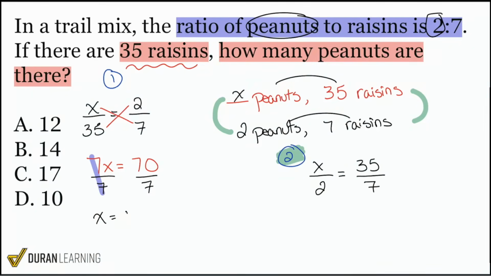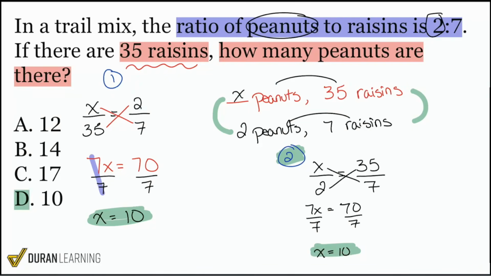We have X equals 10, but let me go ahead and prove it. Let me show you the other way. Here we have X times 7, 7X, equals 2 times 35, 70. Then divide both sides by 7 and look, the same conclusion to the same story. X equals 10.